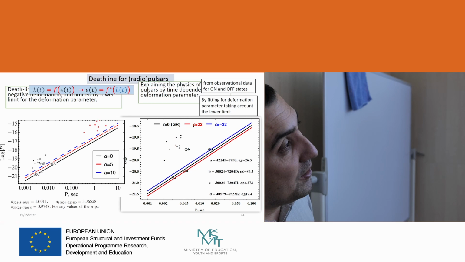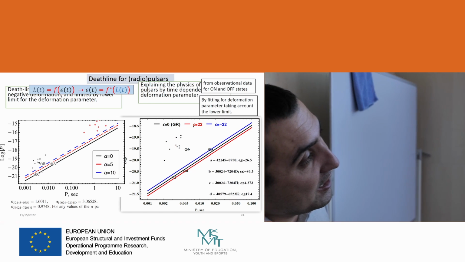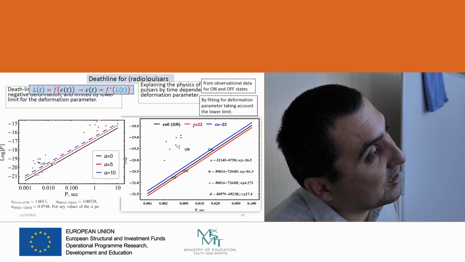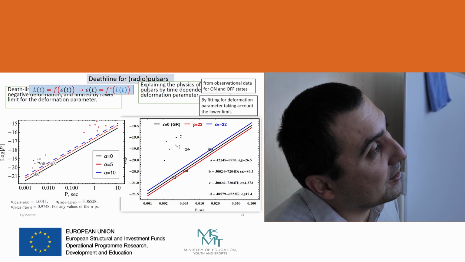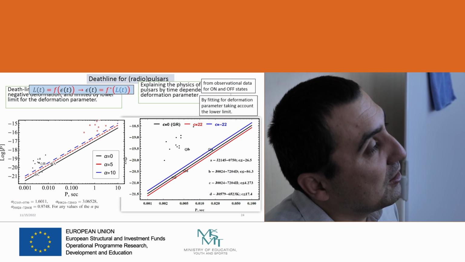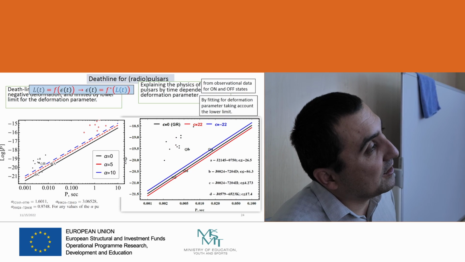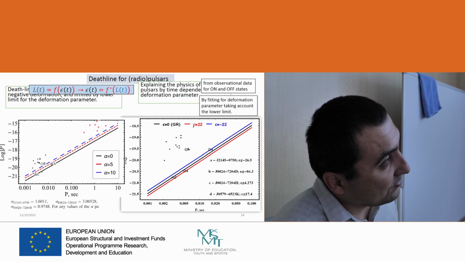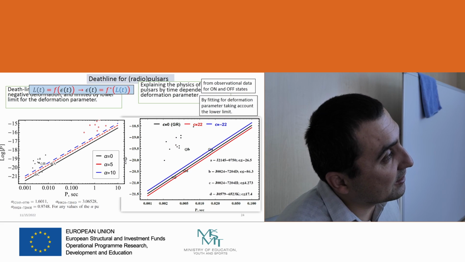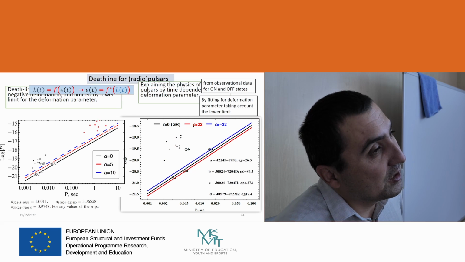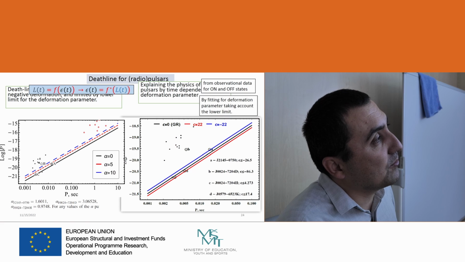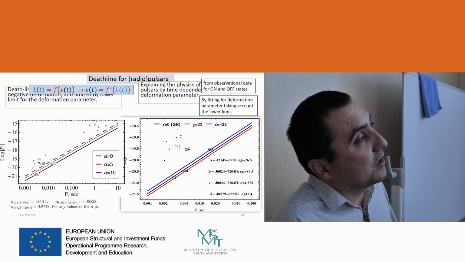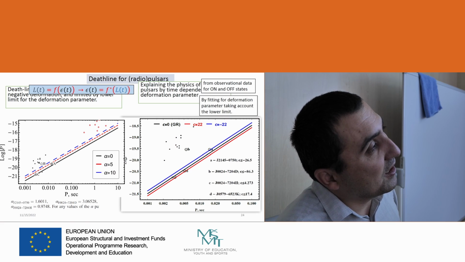If epsilon is time dependent, this pulsar line should change position in the P-Pdot diagram depending on time. For example, if this pulsar lies on the line when epsilon decreases, the pulsar becomes located under the line and disappears from observation, and after some time it comes back.